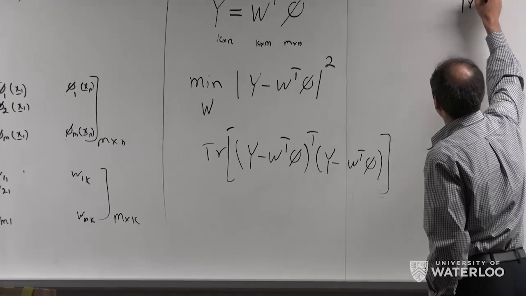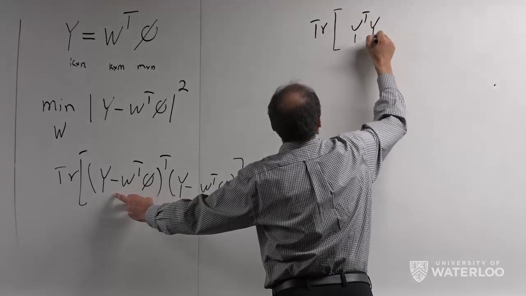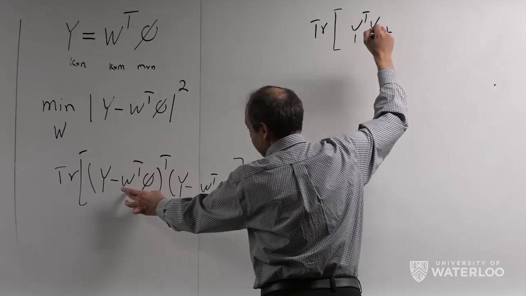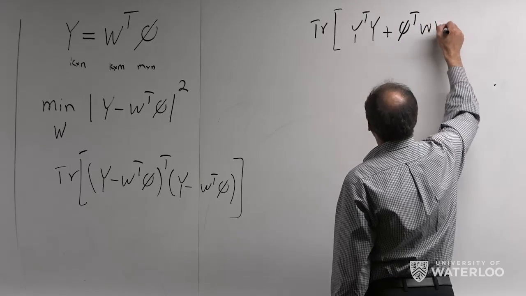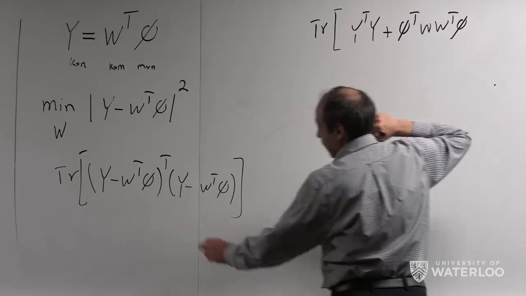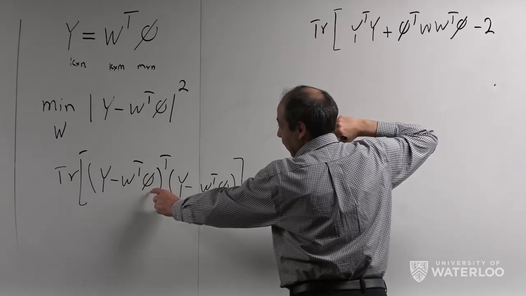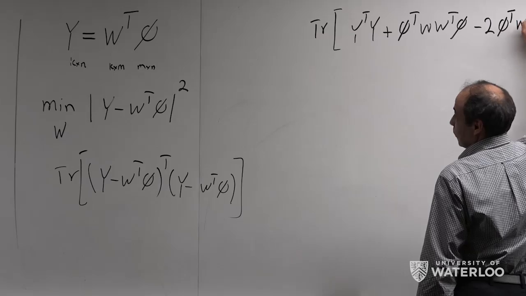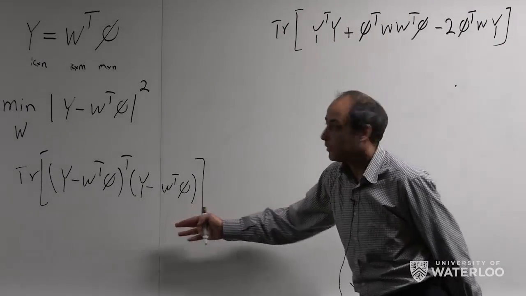Which is the trace of Y transpose Y plus this term is squared, which is phi transpose W, W transpose phi, minus 2 phi transpose W Y, when you expand it.